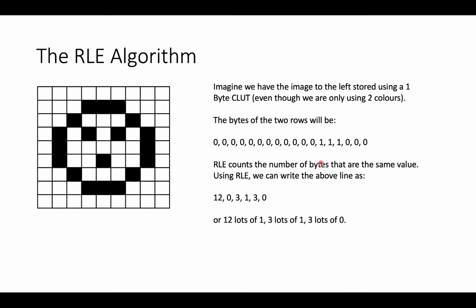So if you imagine we've got this image, okay, this is our little bitmap, and I want you to think that this is an 8-bit color lookup table, so even though we're only using two colors, white and black, white is 0, black is 1.